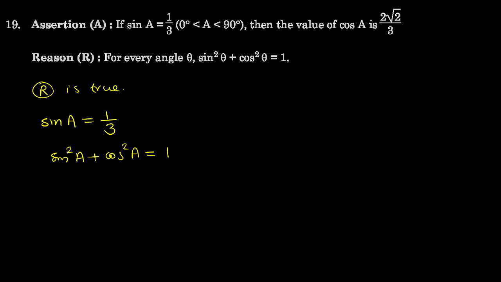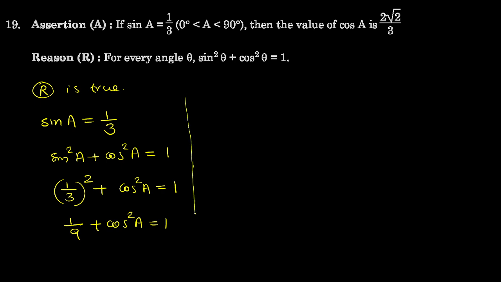Sin A is given as 1 by 3, so sin square A will be 1 by 3 square, plus cos square A is equal to 1. So 1 by 9 plus cos square A is equal to 1. If sin A is given, I can find out cos A. Arranging, we get cos square A is equal to 1 minus 1 by 9, or cos square A equal to 8 by 9.